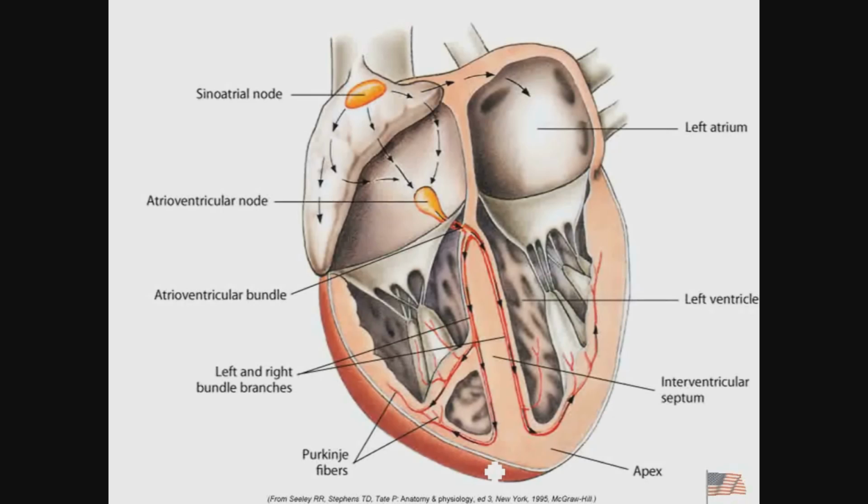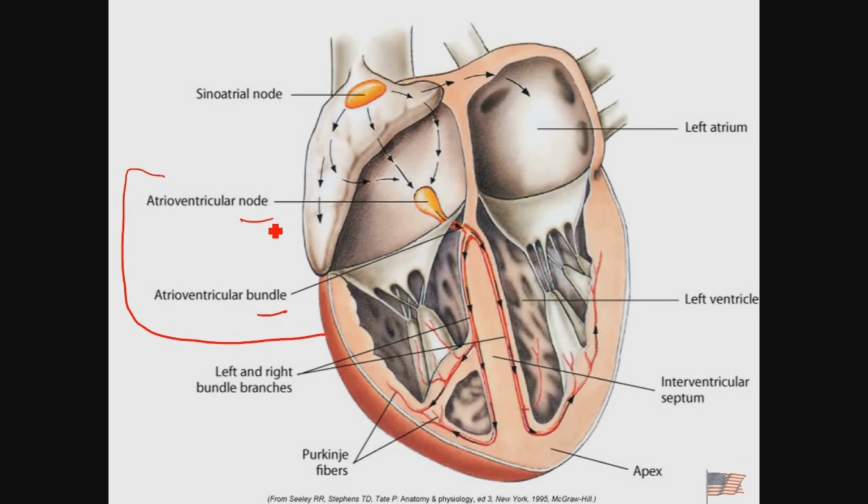Okay, so here you end up having kind of another diagram of it. One thing that I will tell you, for my purposes and for really a lot of authors' purposes, this bundle of His and this AV node are just kind of joined together because they really are, in essence, one and the same as far as their purposes in life.